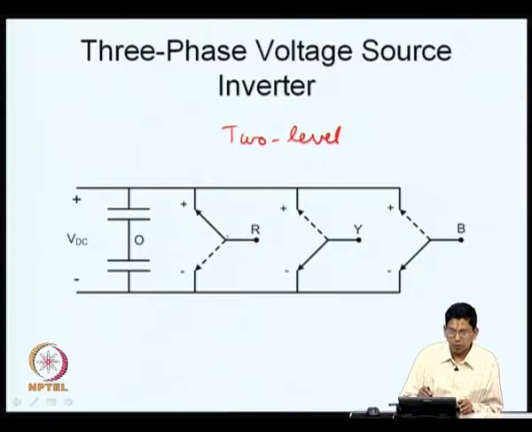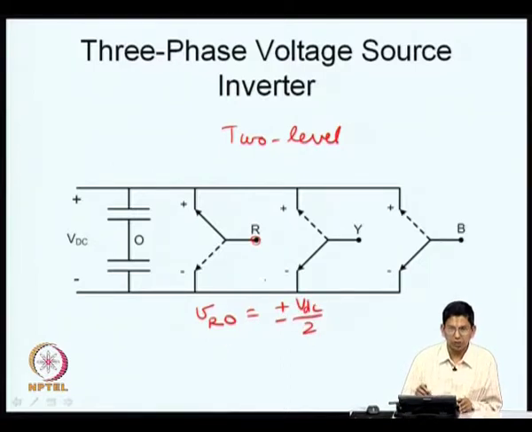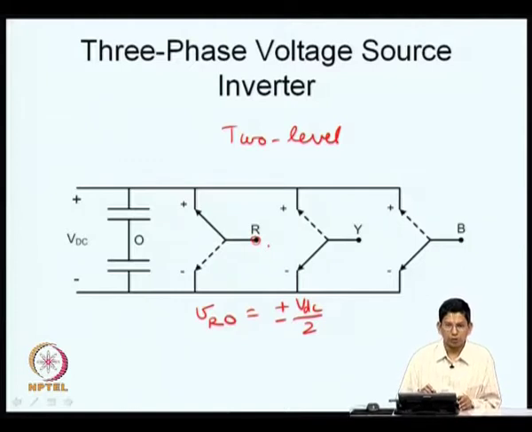All these are single pole double throw switches. Let me consider this point R, which is a pole, which is the midpoint of a leg. This VR measured with respect to the DC bus neutral O can only take two values here, either plus VDC by 2 or minus VDC by 2. Hence, we call this a 2-level voltage source inverter.